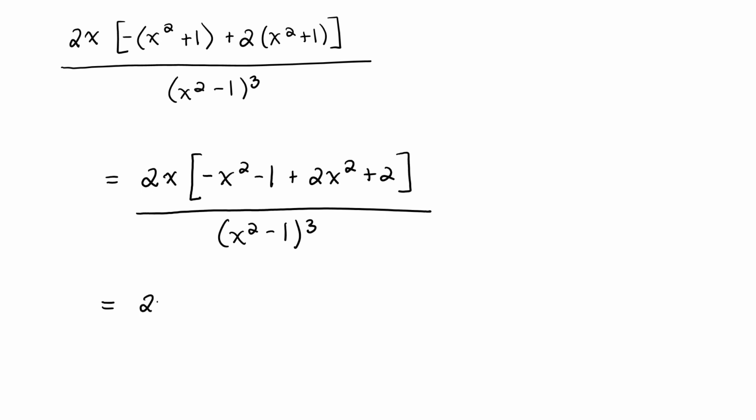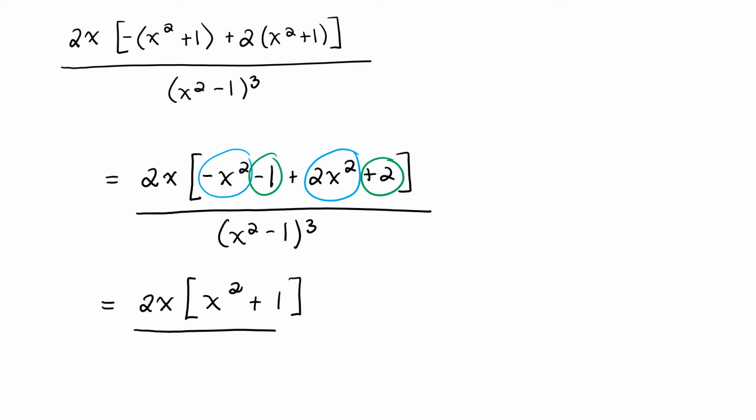And this will be equal to 2x times negative x squared plus 2x squared leaves us with just 1 x squared, and minus 1 plus 2 gives us x squared plus 1 all over x squared minus 1 to the third power.